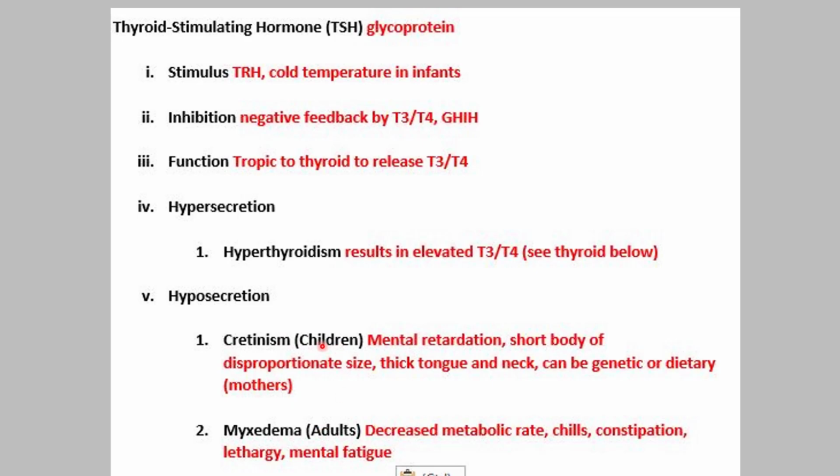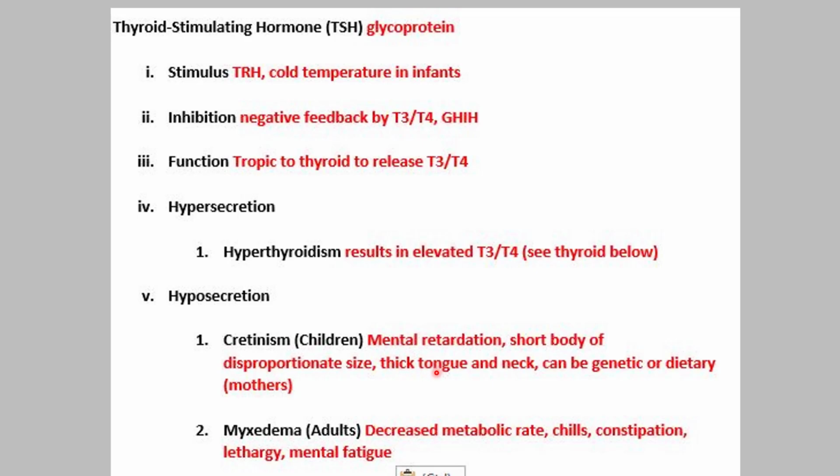In children, we get something called cretinism. Cretinism is the result of low T3, T4 because of low thyroid stimulating hormone. Low thyroid stimulating hormone causes low T3, T4 in children. Low T3, T4 causes mental retardation. Short body, disproportionate size. So that means, yes, they're short, but some parts are shorter than others.